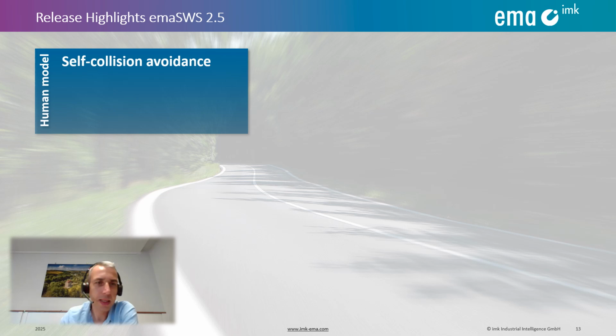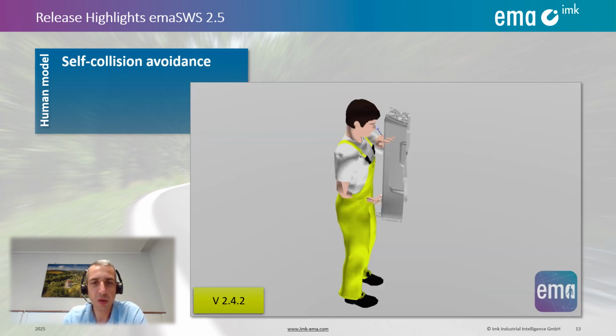Yeah, the next thing about our human model movement generator is self-collision avoidance. You know, in the last releases, we cared about collision avoidance with other objects, but not with their own body parts. And sometimes we have this situation, the underarm is in the body.